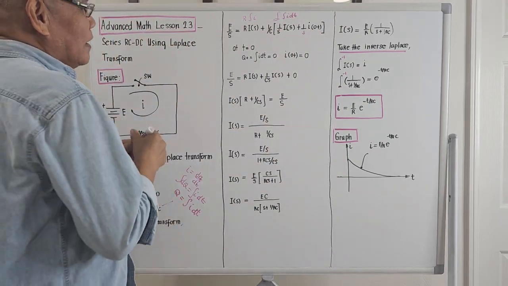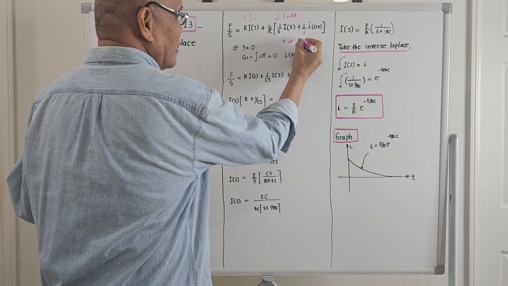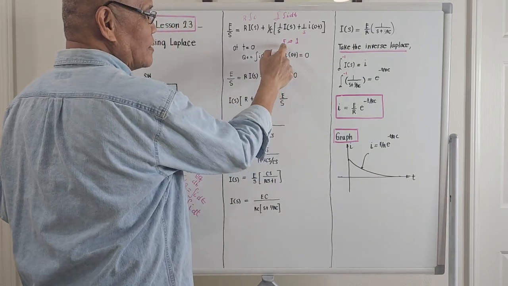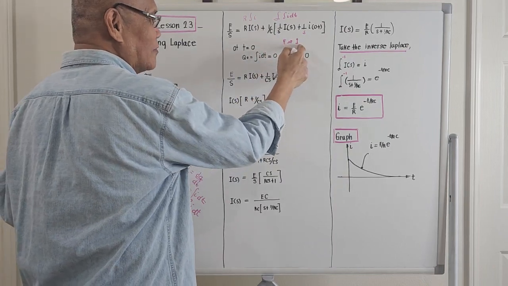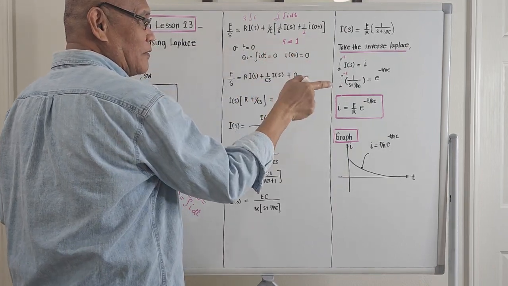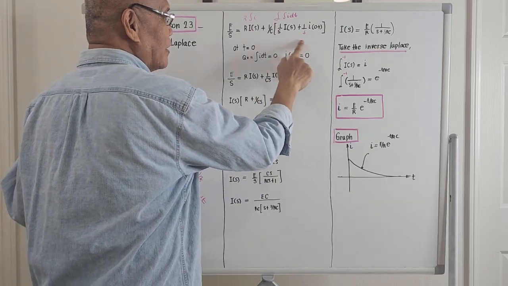That function now refers to i. So we replace the capital letter F by I, because the variable we are considering for the meantime is current, capital I.